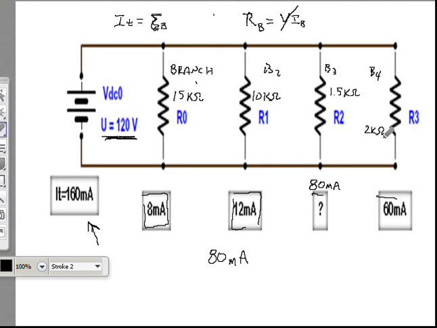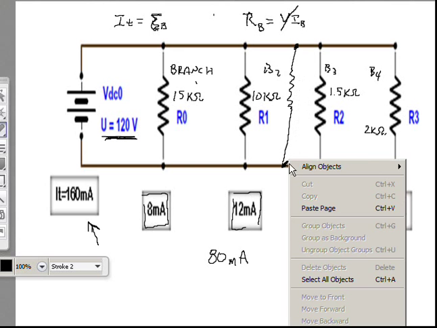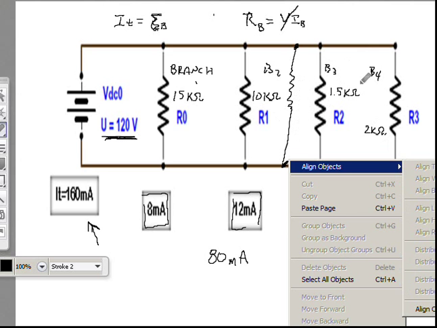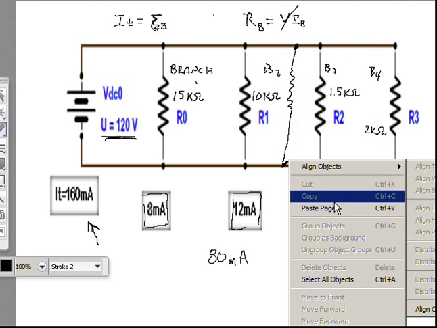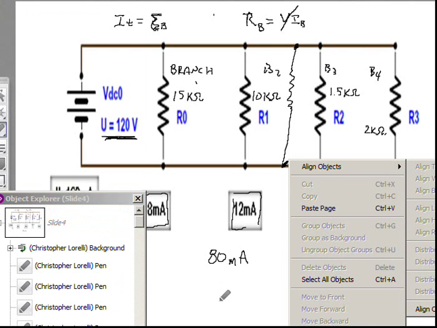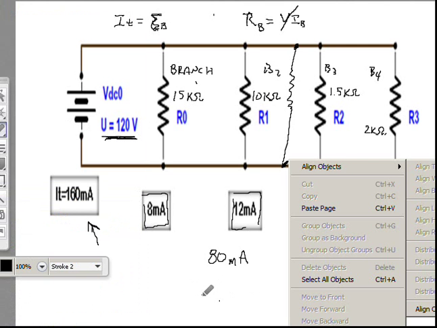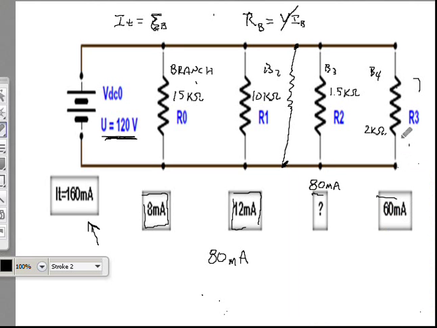Now what happens if we add another resistor in here?